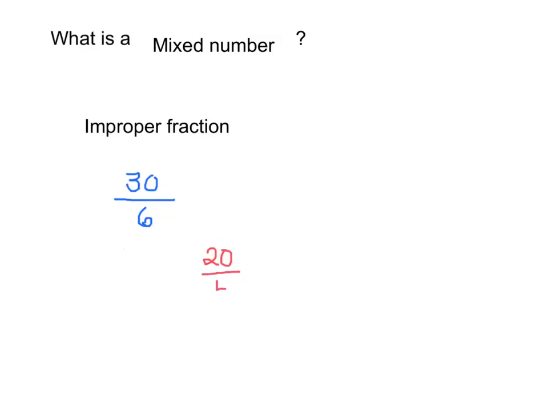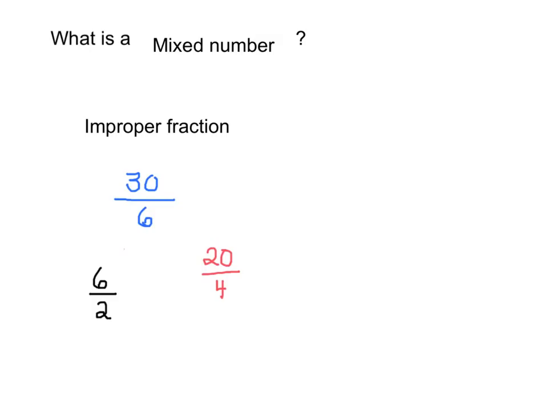That's an improper fraction. And finally, another example might be 6 over 2. The reason that they are improper fractions is because all our numerators are greater than the denominators. The 20 is greater than 4, 6 is greater than 2, and 30 is greater than 6.